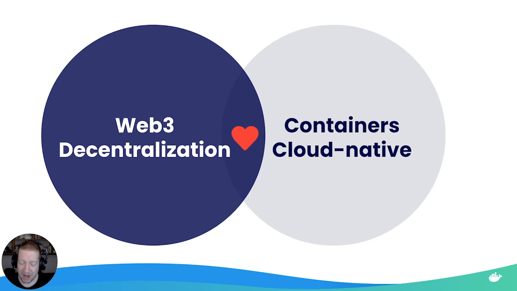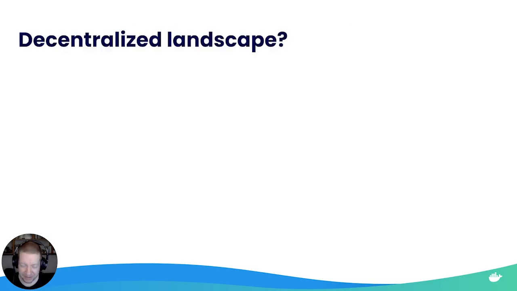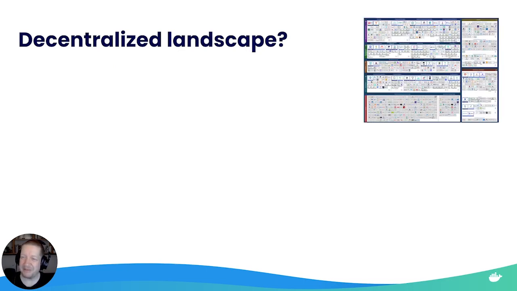To understand how we can use them together, first we need to check the Web3 or decentralization space, and what kind of projects can be found there. But describing the full decentralized landscape is not very easy. You remember that the CNCF started to create different landscape pictures, but after a while it became so complex that it was a universe, not a landscape anymore.